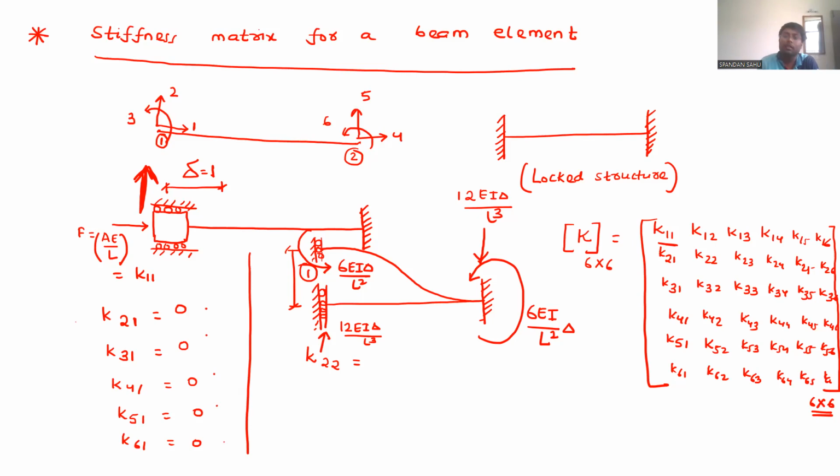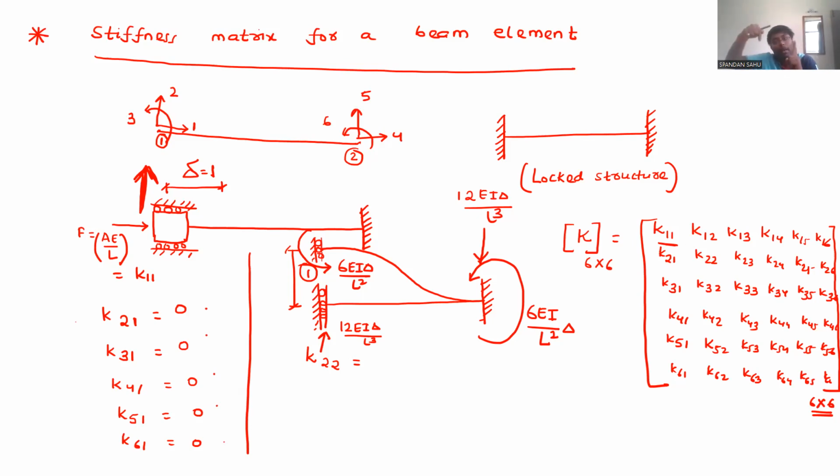So 6EI delta upon L square plus 6EI delta upon L square becomes 12EI delta upon L square. That is the net total disturbing moment or force acting on this span.